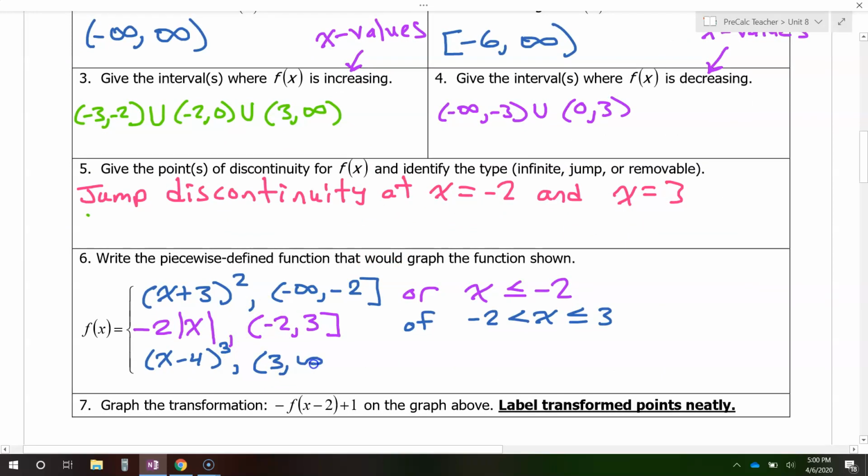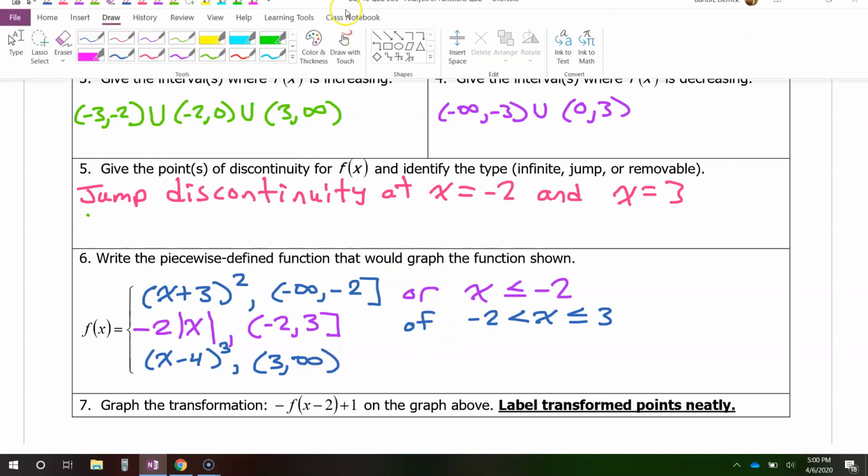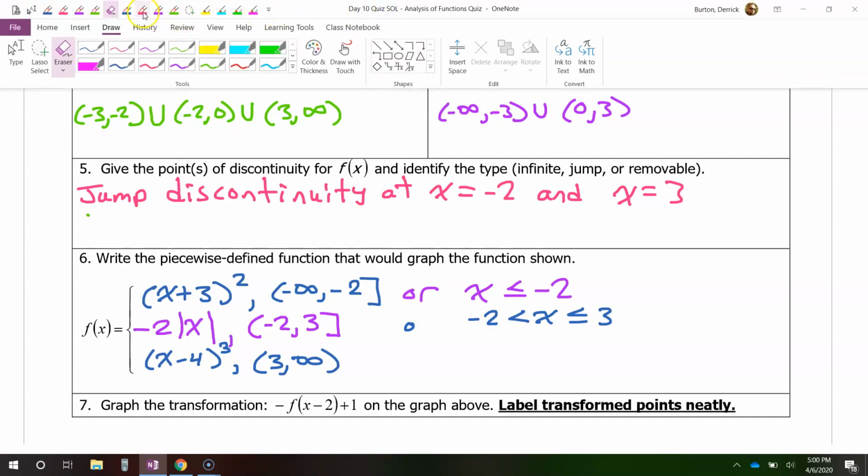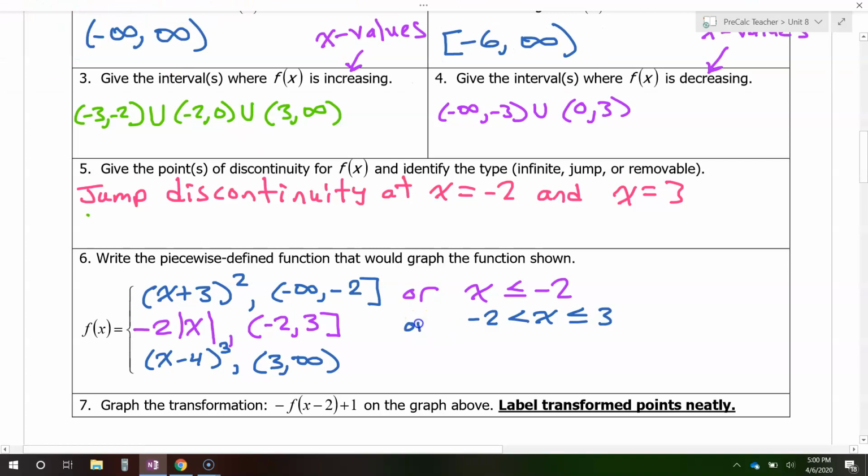3 to infinity. Why did I put of? That's supposed to be or. Silly man, or. Okay, so, or, from 3 to infinity, as an inequality, that would be x is greater than 3.